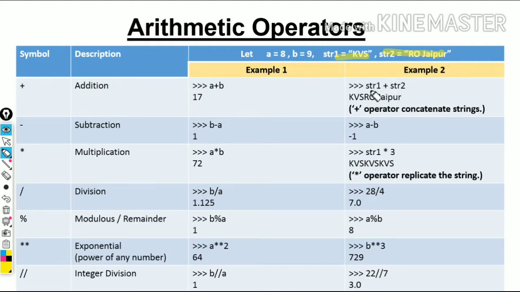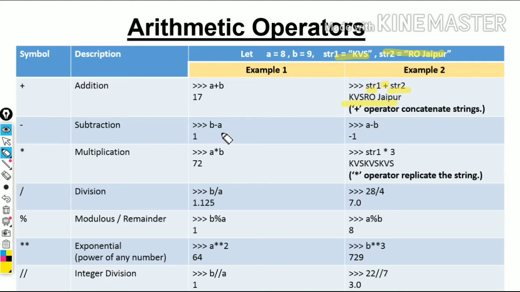Now when I perform the operation using the plus operator, it concatenates both the strings. str2 is concatenated at the end of the first string. So the plus operator behaves differently with integer or numeric values and text or string values.